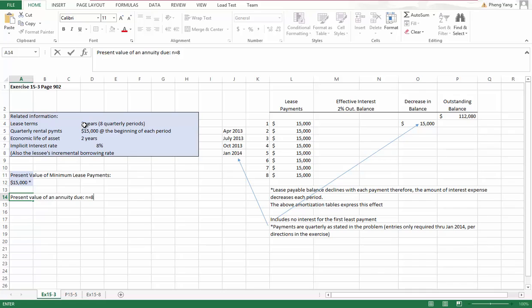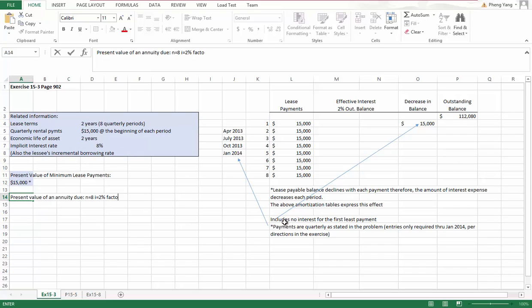2 years, and payments are going to be made 4 times a year, so that's 8 periods. Our interest is 2%. It's 8% annually, but we're making payments 4 times a year, so 8 divided by 4 is 2%.